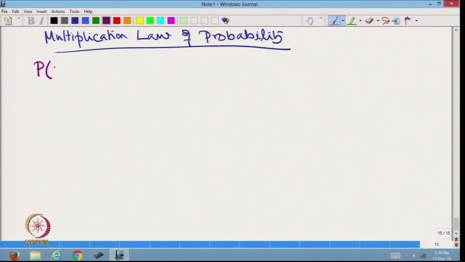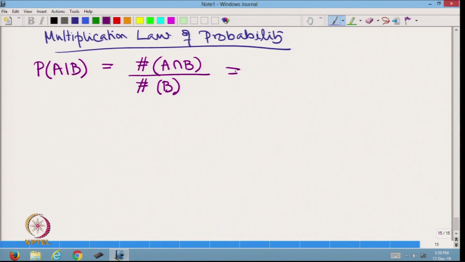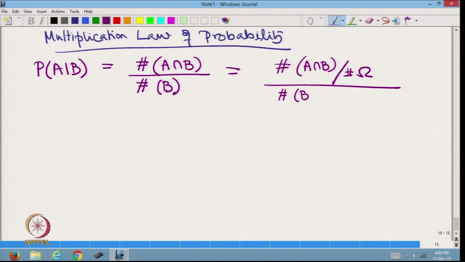Probability of A given B, if we look at it from the discrete viewpoint, is the number of points in A intersection B divided by the number of points in B, which is equal to the number of points in A intersection B divided by the number of points in omega, divided by the number of points in B divided by the number of points in omega.